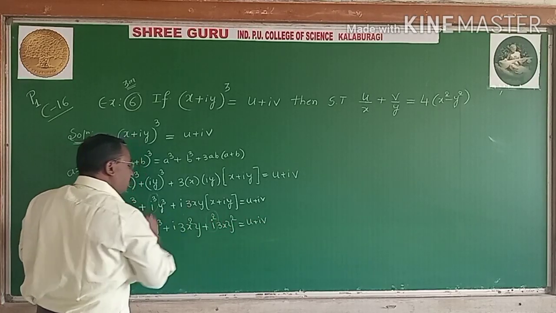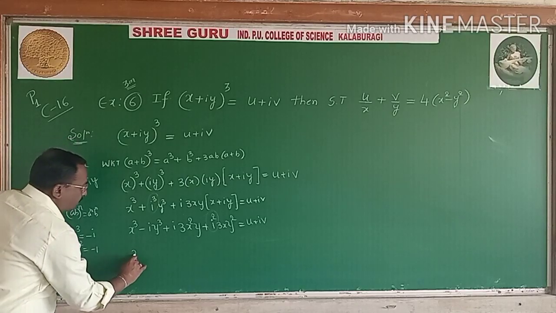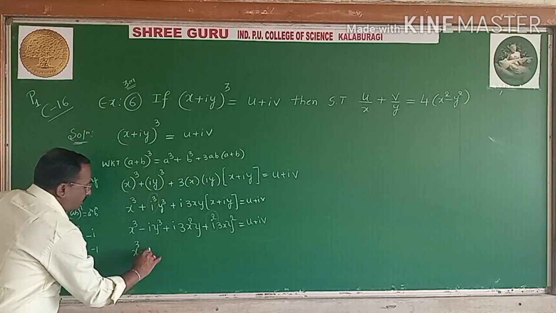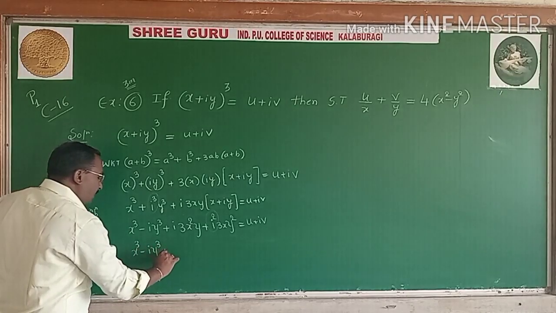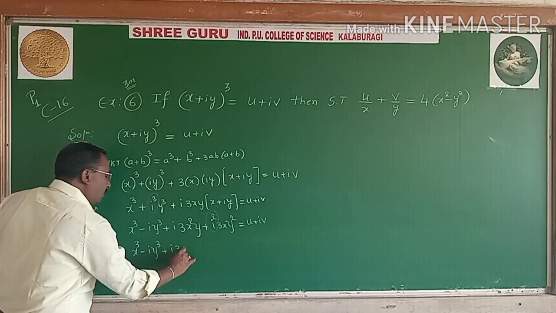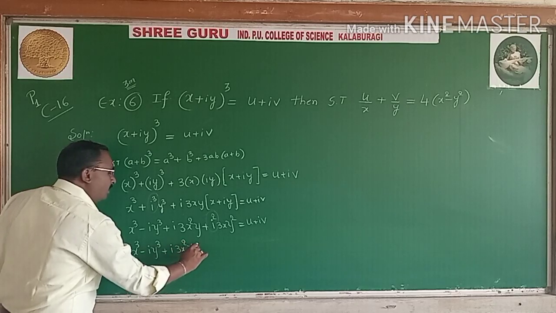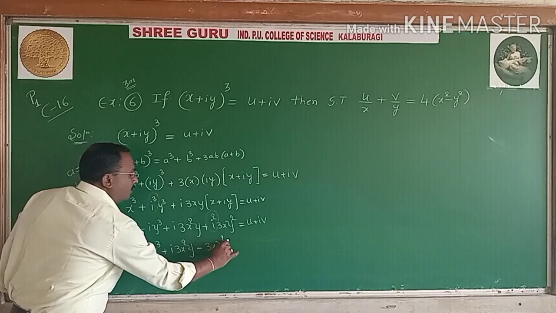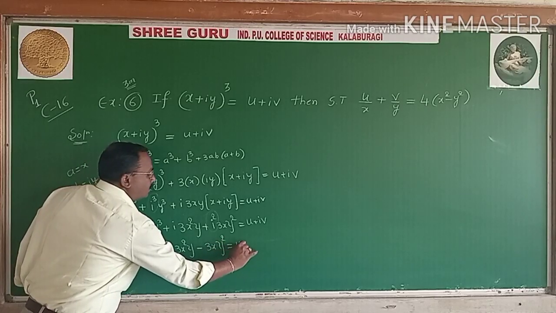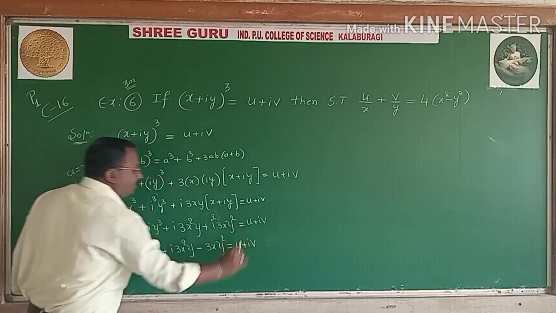Here the i^2 value is minus 1. So x^3 - i y^3 + i 3x^2 y - 3xy^2 = u + iv.